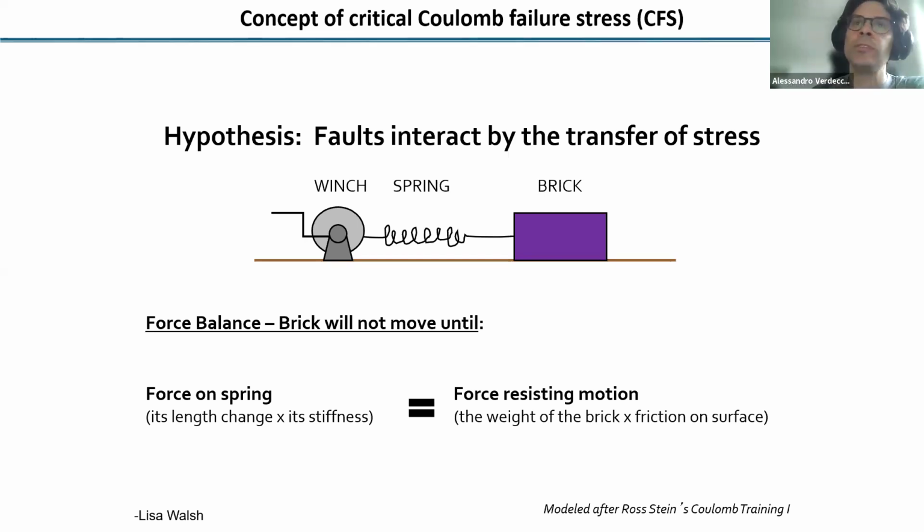There is a normal stress acting on the brick, of course, due to the weight of the brick. And there is some friction between the brick and the surface, which is basically related to the roughness, let's call it, of the surface. There is a force balance, of course. The brick will not move until the force on the spring is equal to or larger than the force resisting the motion.